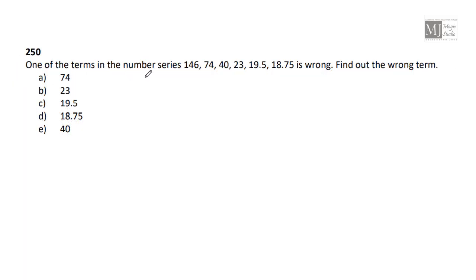One of the terms in the number series is wrong. Find out the wrong term. Generally, whenever a number series is given, try to have a look first. 146, 74, which is nearly half of 146, then 40, again half of 74, 23, which is close to half of 40.